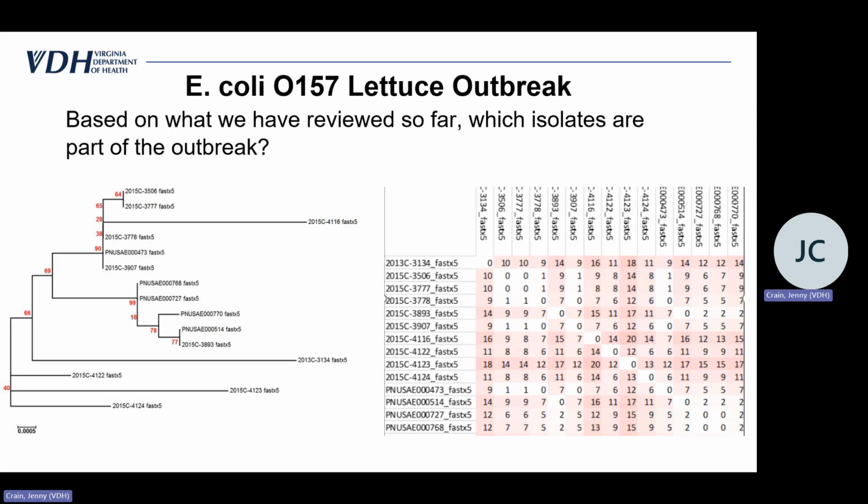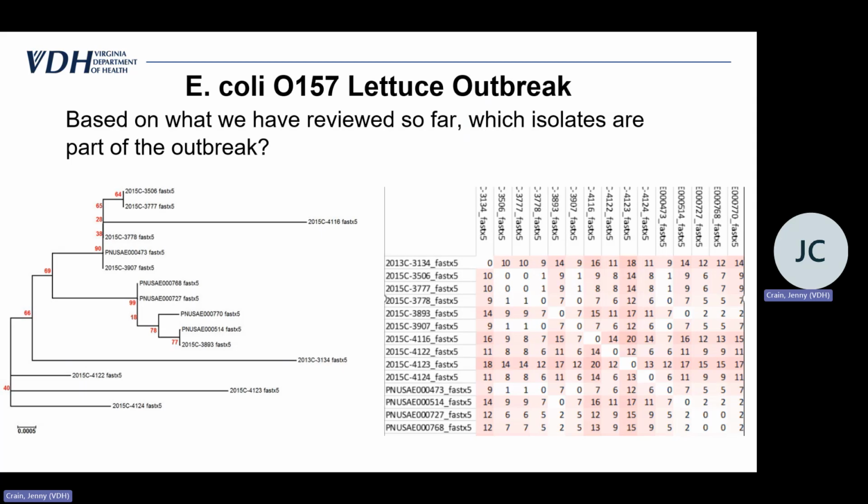If we could, I would want a lot more information that would help me pull away. You can look at the SNP matrix and look at those that are less than 10 in terms of the SNP differences and try to correlate the labels over onto the left and looking at the phylogenetic tree, but it's not easy to look at this and really immediately be able to apply or interpret these results.